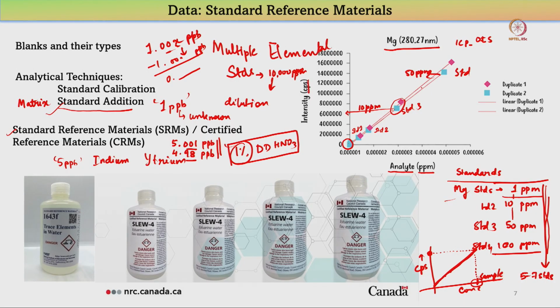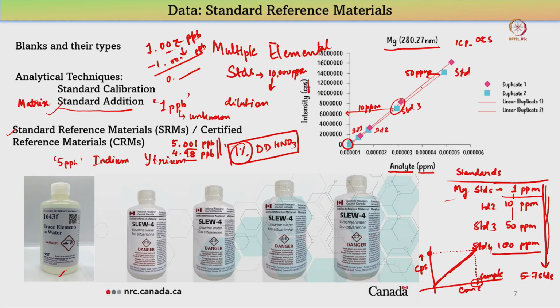The commonly used ones for water analysis are, for example, the 1643F, which is from an agency called NIST. It is a USA-based agency and it prepares such standard reference materials, and all over the world scientists use these standards.